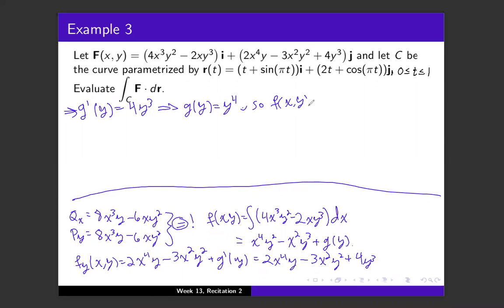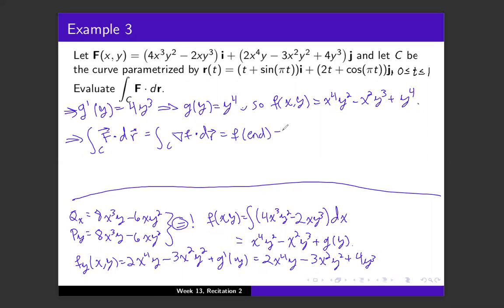So the actual function we want, f(x, y), is x to the fourth y squared minus x squared y cubed plus y to the fourth. Our vector field is simply the gradient of this potential function we just found.